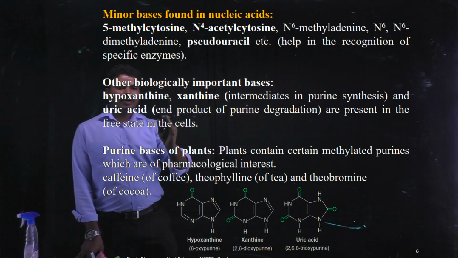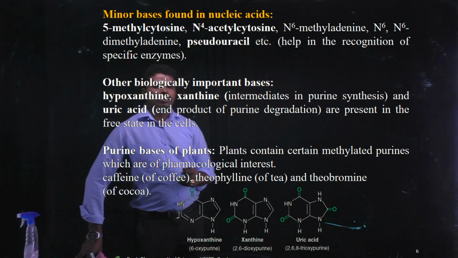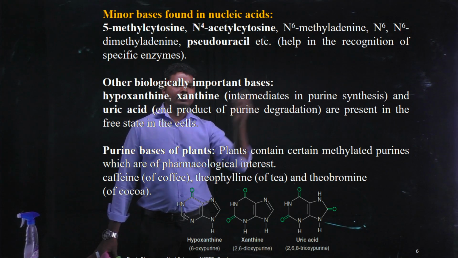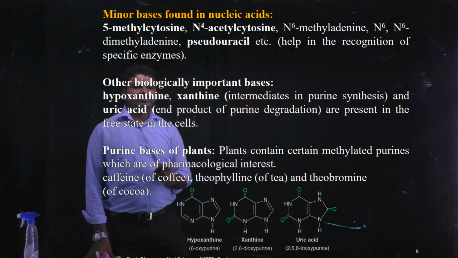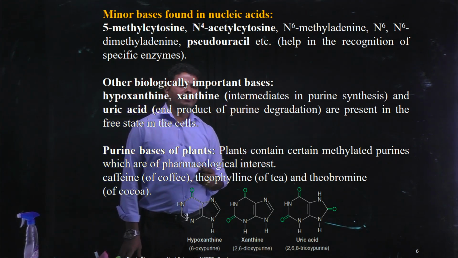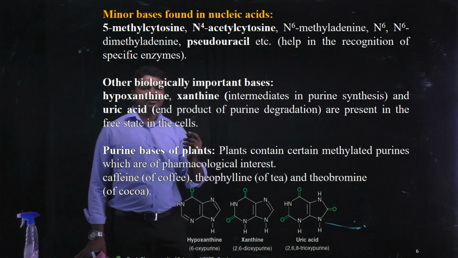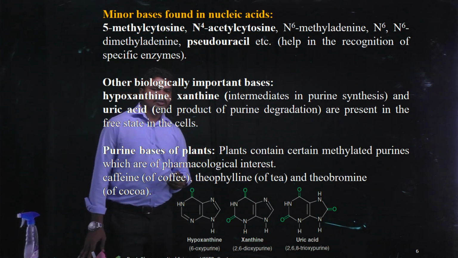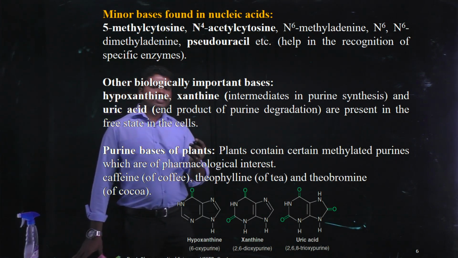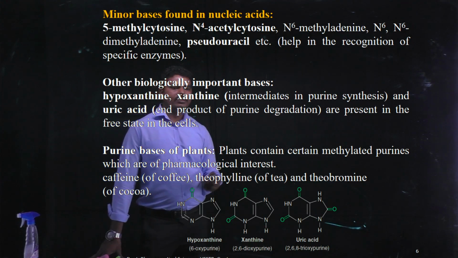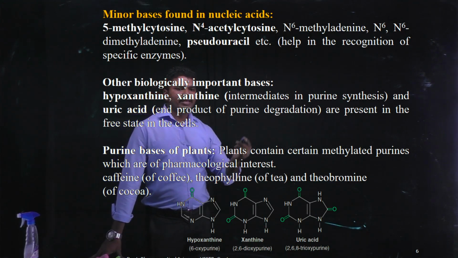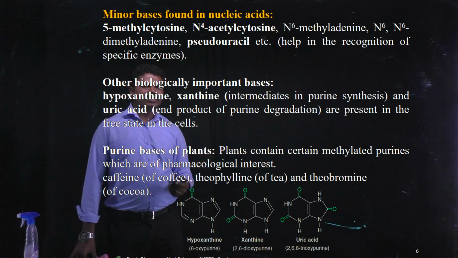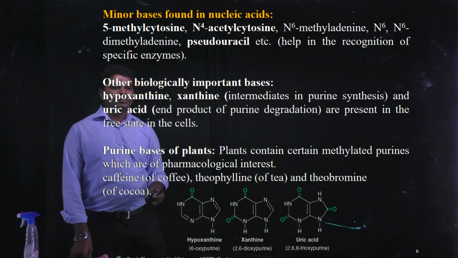Other biologically important bases are hypoxanthine and xanthine. These are intermediates in purine synthesis. Uric acid is the end product of purine degradation and is present in the free state in the cells. Plants generally contain methylated purines with pharmacological actions, like caffeine, theophylline and theobromine.